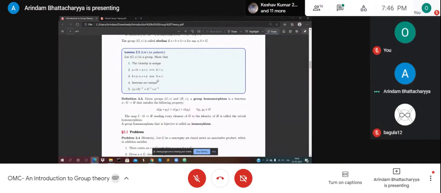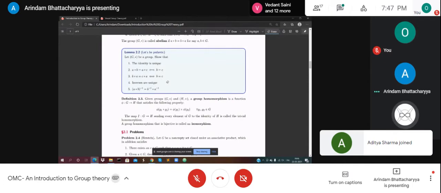Inverses are unique. Can someone give a proof of this? The fourth point. This is quite easy because previously we proved that identities are unique. So if we assume that there are two different inverses, then we would get two different identities, which would contradict the uniqueness of the identity.